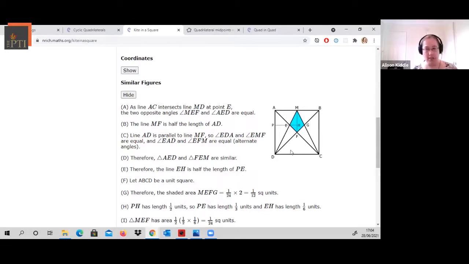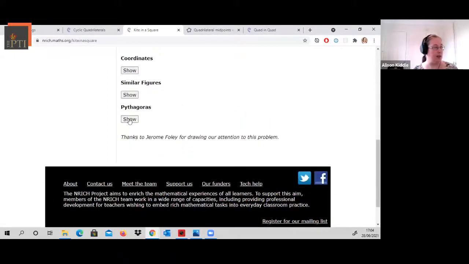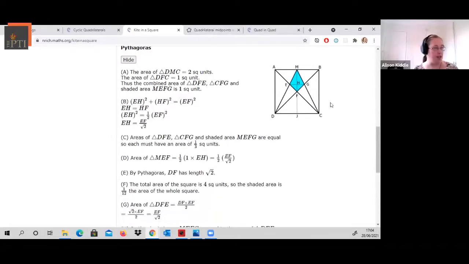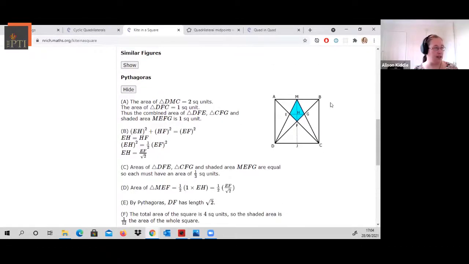And that's the key to being able to crack it and to start putting some dimensions on this diagram to start working out areas. And then the third method that's in the proof sorter is using Pythagoras to start working out some of the lengths in there.